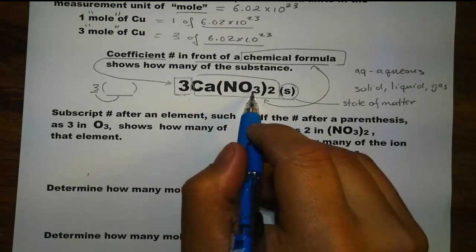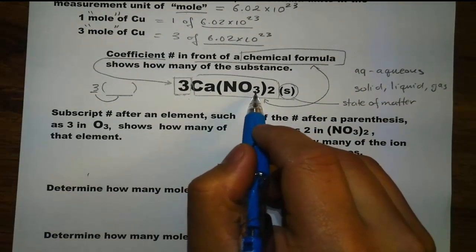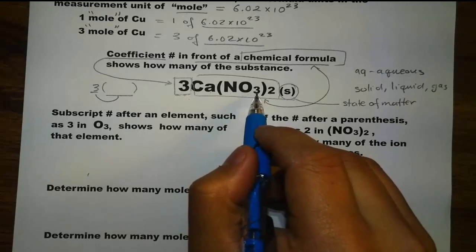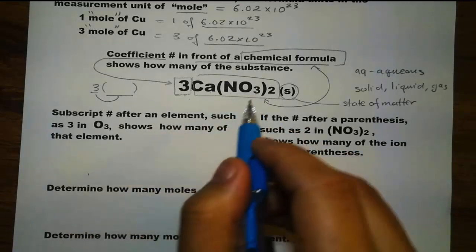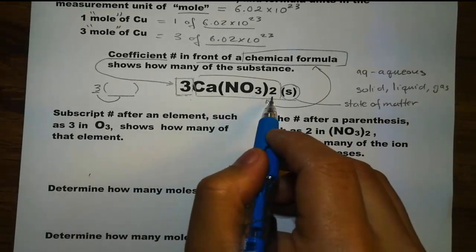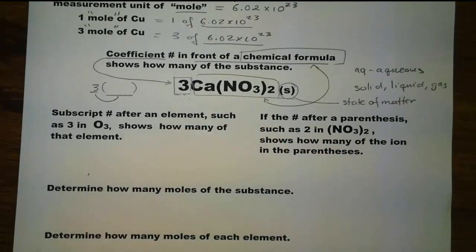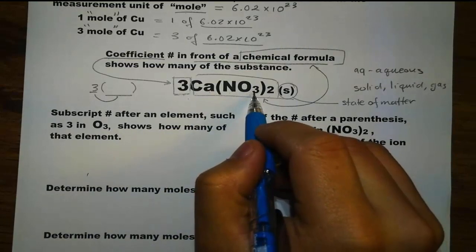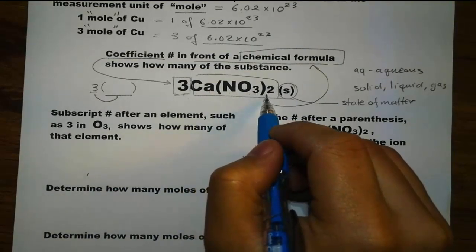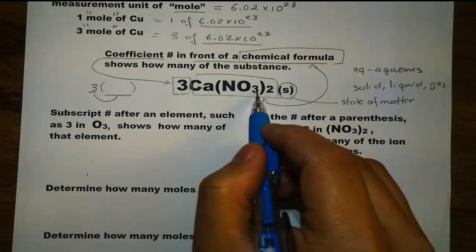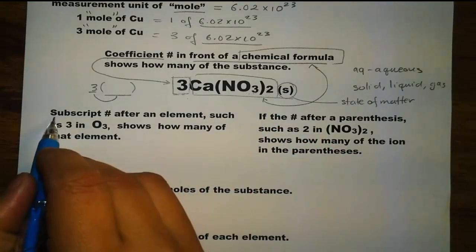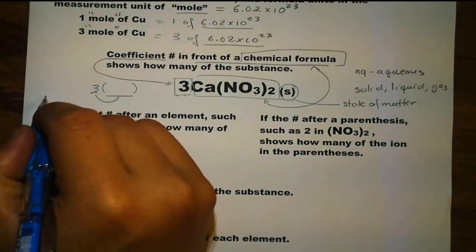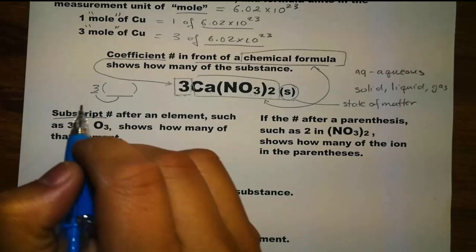Then we also have this little number right after some elements. Well, right here we have 3 and 2. And that 2 is outside a parenthesis. So there are 2 locations that this number can be: right after an element, or it could be after a parentheses. And this little number are called subscript. Think of the subway, right? How the subway is going underground.